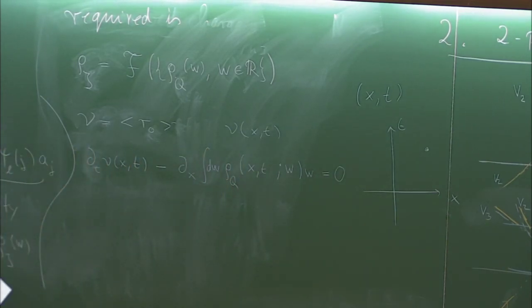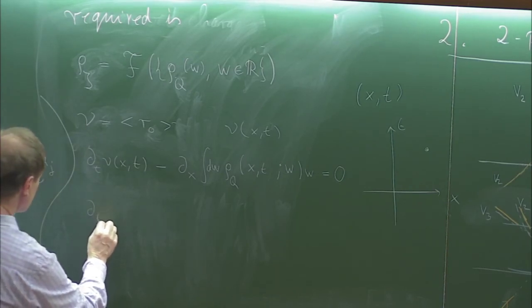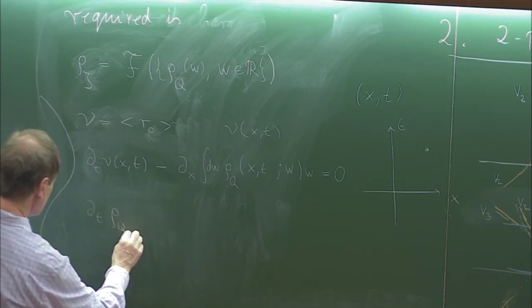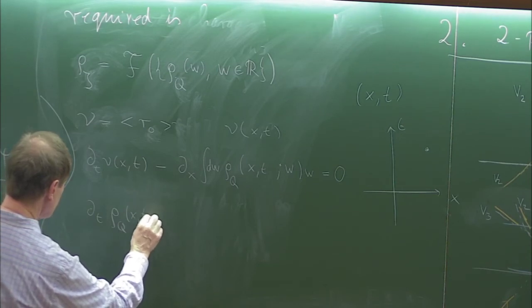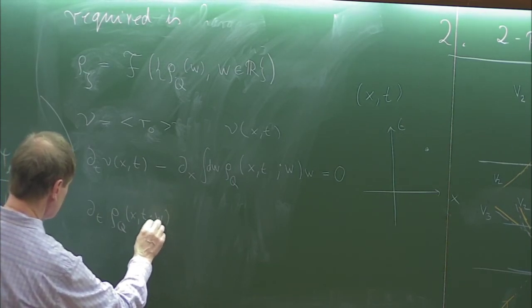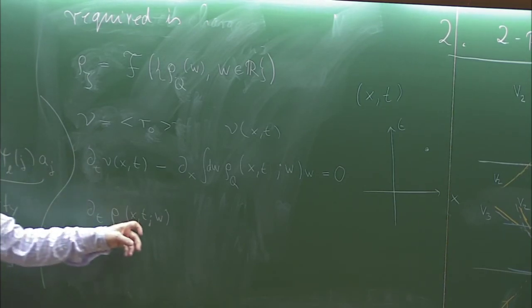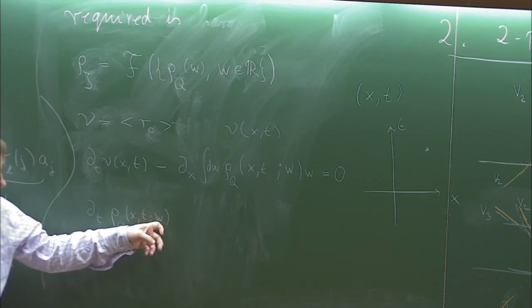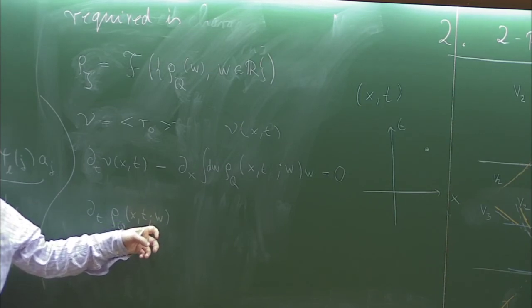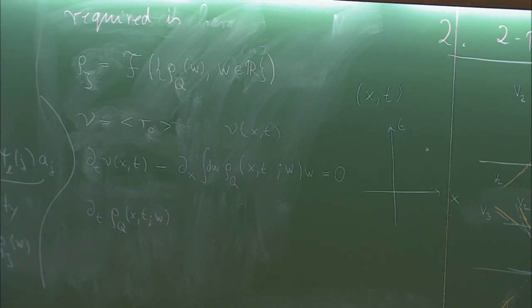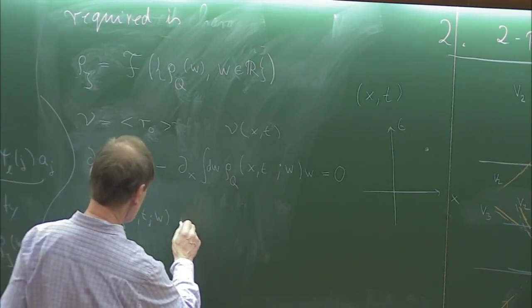And now the second hydrodynamic equation is an equation for this rho Q, right? It will be at a space-time point, and it will be labeled by the W. So this is now a function which depends on one-dimensional space-time and on the label, which in our case is just one-dimensional. And what is it? Well, I don't know what it is at the moment. I write it formally.